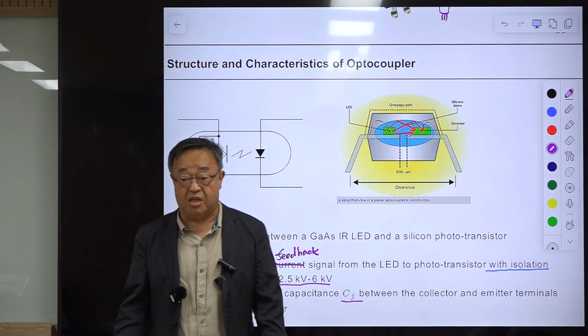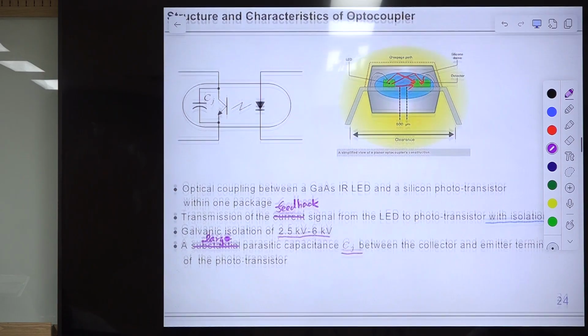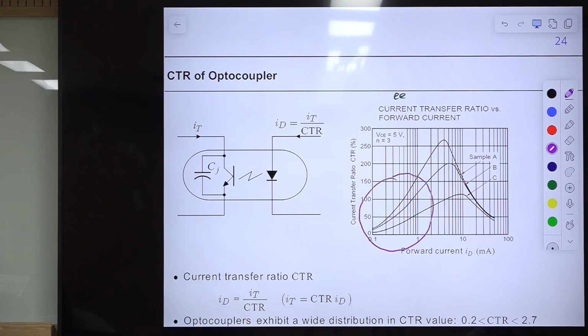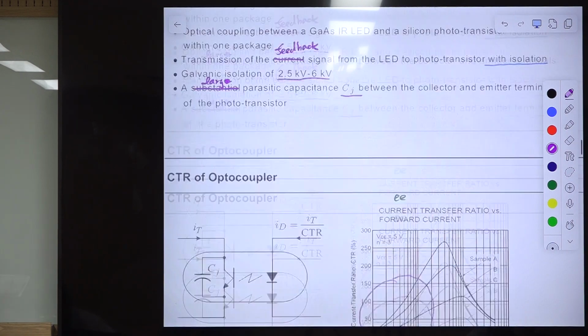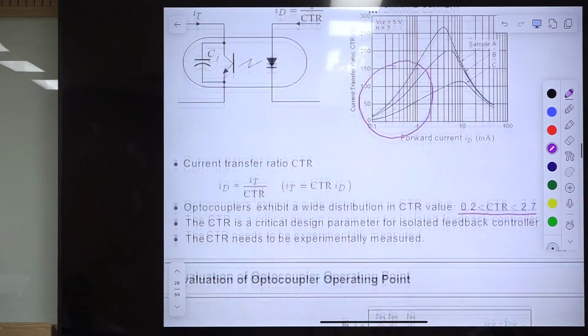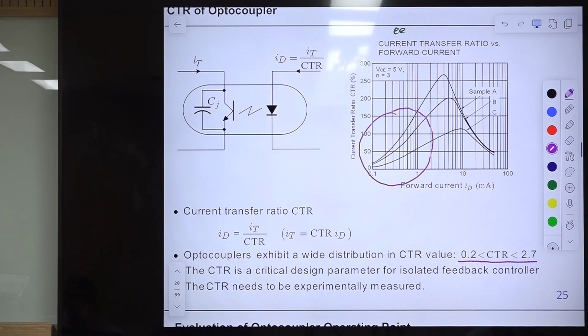A large C delays the signal, and the system becomes slow with this large C. But for our case, that won't be a problem. We discussed the circuit operation of this bias circuit, and if you remember, first this VCE is determined by the PWM waveform for the required duty ratio.